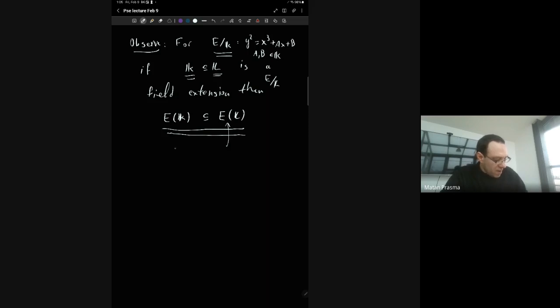If you take two K-rational points P and Q in E of K, then doing P plus Q is solving a bunch of equations that are defined over K, and the solutions of these equations are also elements in K. So when you consider P and Q here and you do P plus Q, you're doing the same thing.